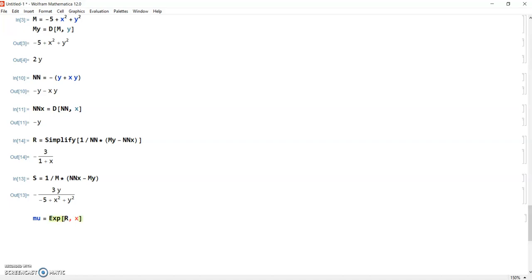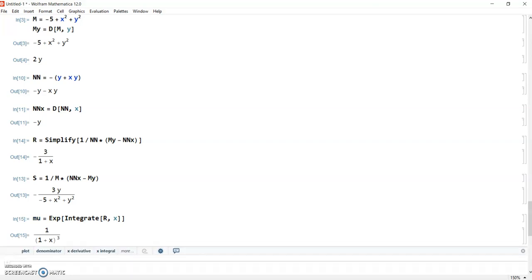Yeah, it's not the exponent of R, it will be the exponent of the integral of R with respect to x, and then bracket close. Therefore the integrating factor will be 1 over (1 plus x) cubed.